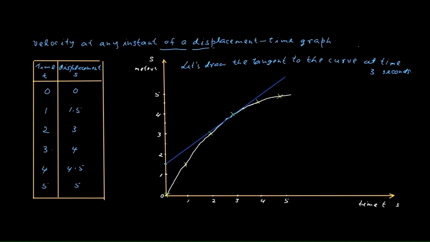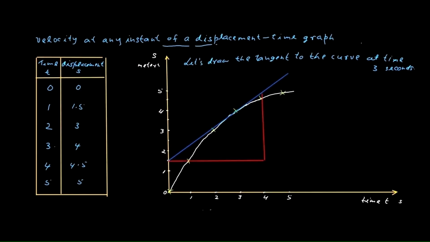In this, the gradient of the tangent can be found by the right-angled triangle. The vertical height of the triangle is equal to 3.3 meters.